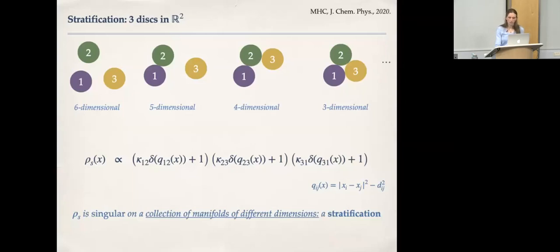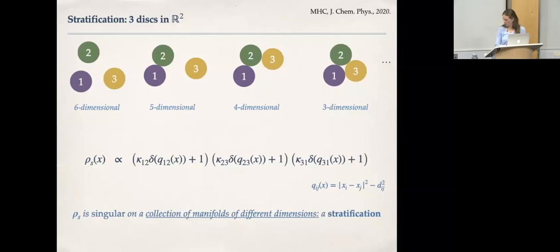And this is a 5-dimensional set because I can move disk 3 in 2 dimensions, and then I can move this pair around and rotate it. That gives me 3 degrees of freedom. And so on. As I form more and more contacts, I lower the dimension of the set that I'm interested in. Okay? And so each of these configuration spaces is a manifold, and our entire configuration space is a union of all of these different manifolds. So that's what a stratification is.